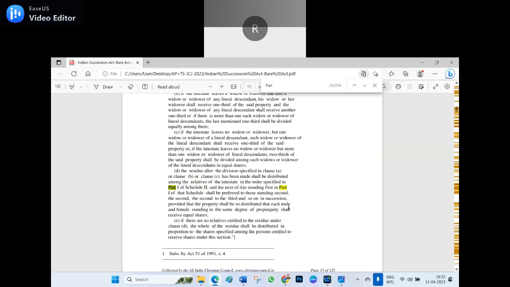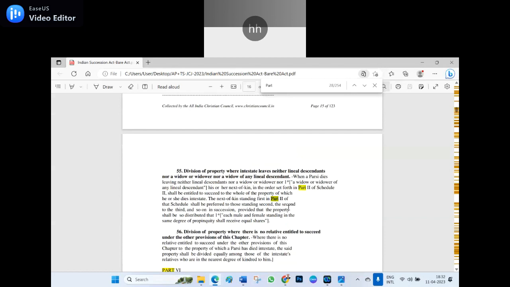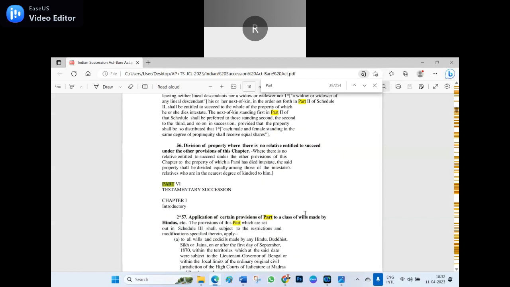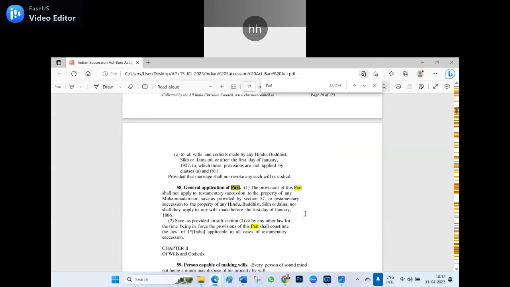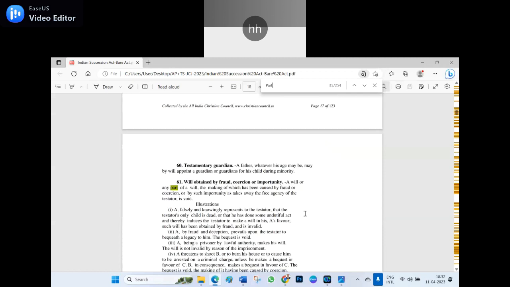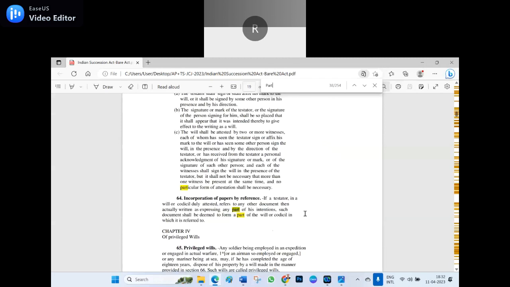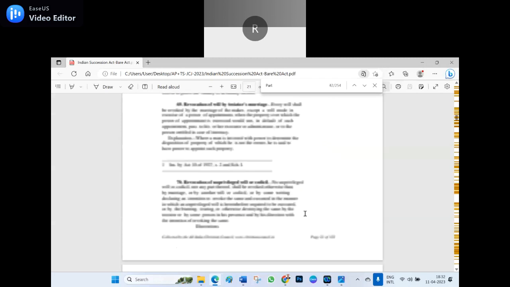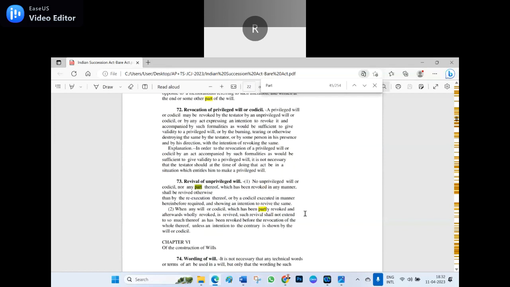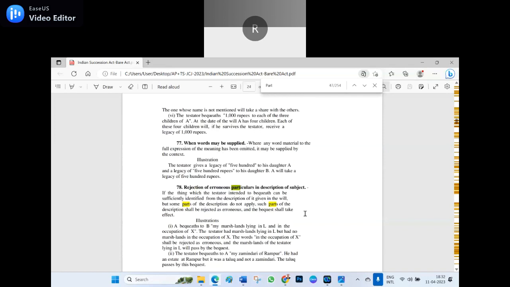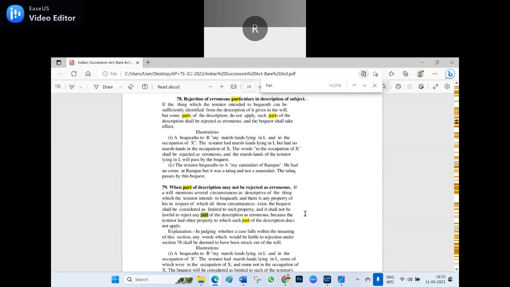Then part 6 is there, that is the testamentary succession. I think that is the last, I believe. Yeah, that is the last, it seems. Let me check it.